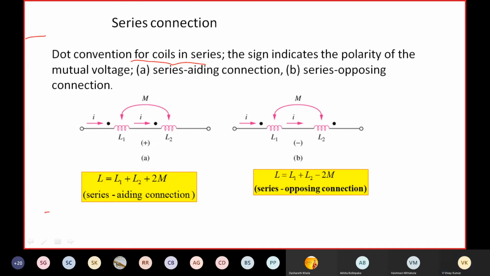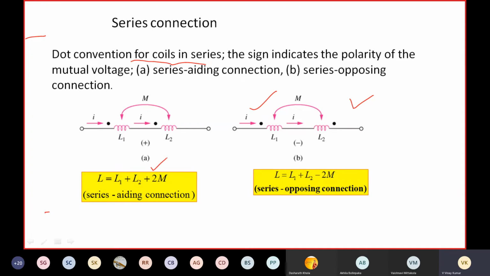Again, coming to this coil, current is entering the dot terminal. Coming to case 2, in this case, current is entering the dotted terminal of coil 1 and leaving the dotted terminal of coil 2.